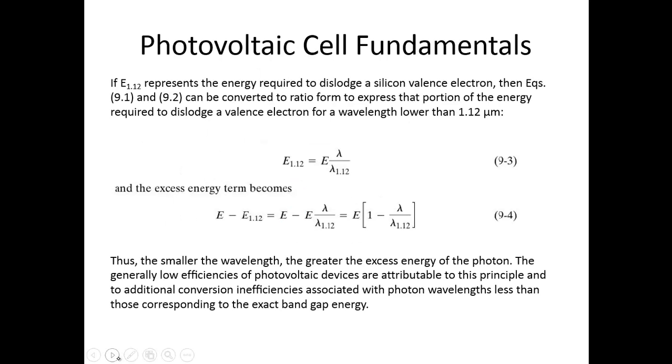If the energy at 1.12 micrometers represents the energy required to dislodge a silicon valence electron, then the equations we just went over can be converted to a ratio form to express that portion of the energy required to dislodge a valence electron for a wavelength lower than 1.12 micrometers.